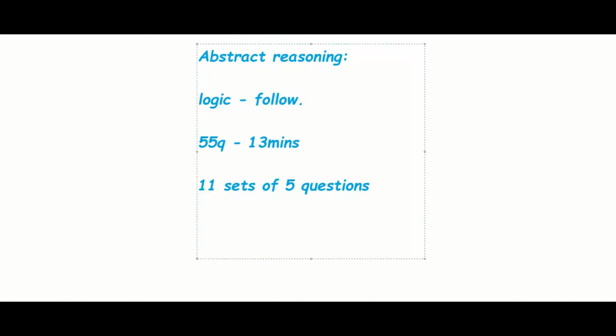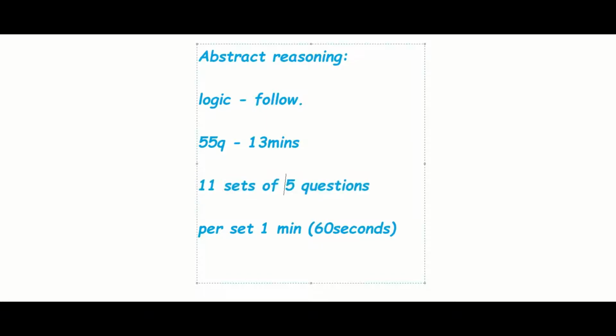Here is the biggest problem of why people don't do well in abstract reasoning. It is because you have approximately 1 minute per set. Let's just put that in 60 seconds. It's a little more than 1 minute, but let's take the minimum per set, 60 seconds. A lot of people spend double or triple this amount per set of questions.